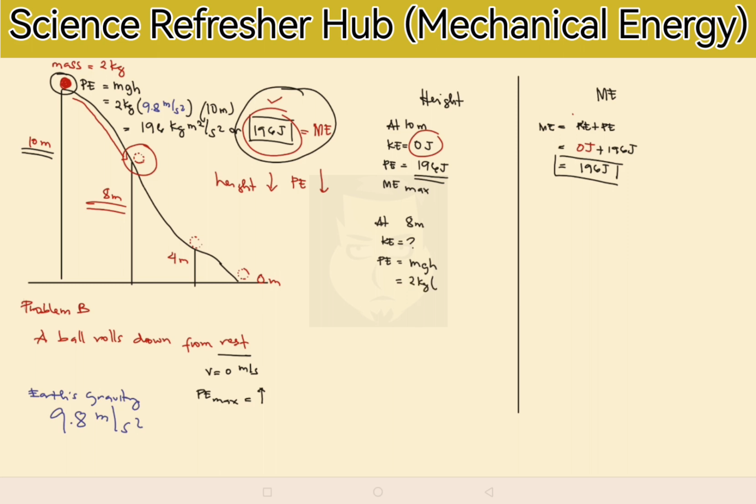It's 2 kilogram times 9.8 meter per second squared, that's the gravity, and then the height 8 meters. We have 156.8 joule. This is PE becoming lesser because the height is becoming lesser also. So our PE will also be losing its stored energy, converting it into kinetic energy. So let's try to find out the kinetic energy.